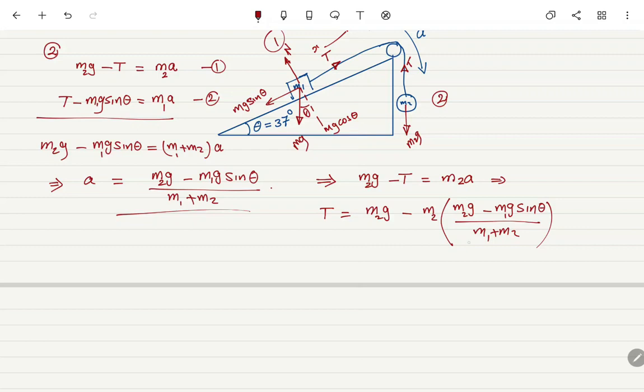Just substituting the numbers, you will get tension in this case equal to 16 Newton.